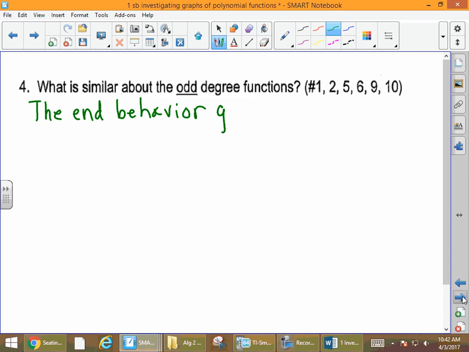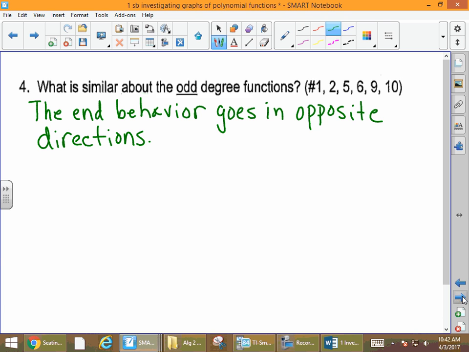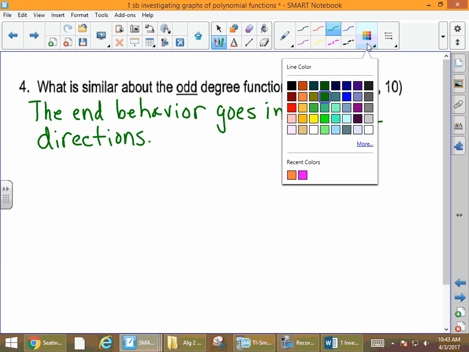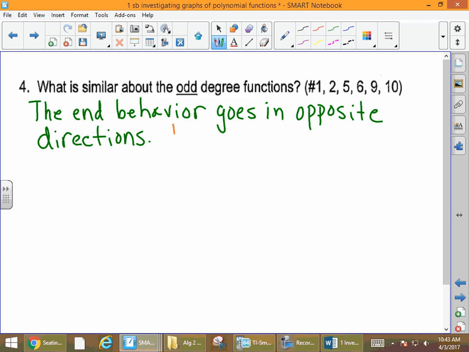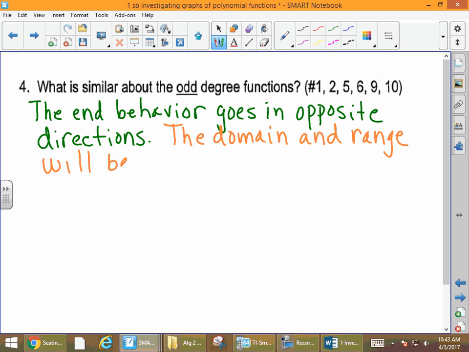The end behavior goes in opposite directions, just to save a little bit of space and time here. When that happens, when one goes up and one goes down, then in terms of our domain and range, that means that our domain and range will be all reals. Both of them will be.